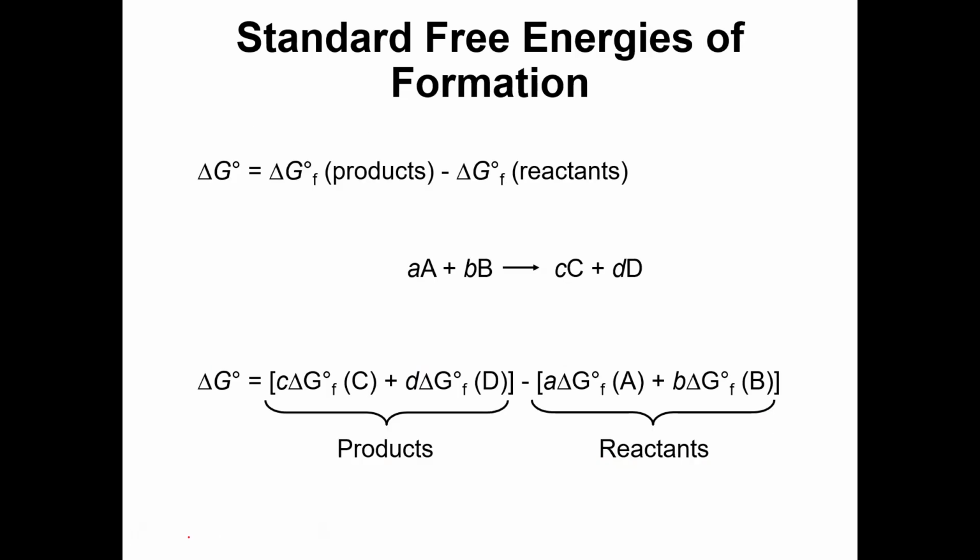We can also calculate delta G for a reaction if we're given delta G for the products and delta G for the reactants.